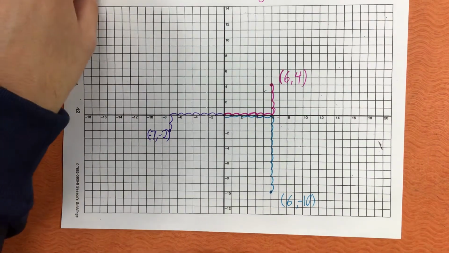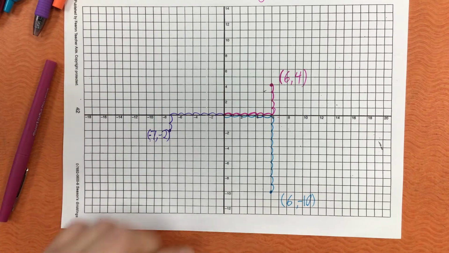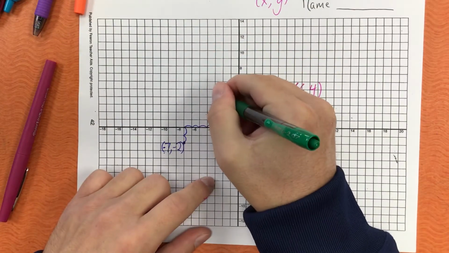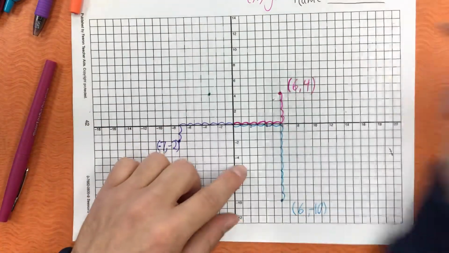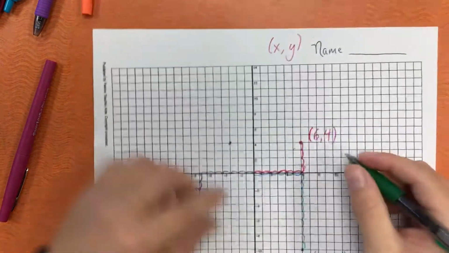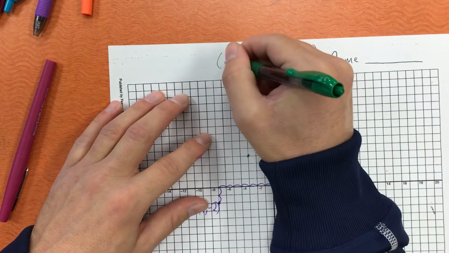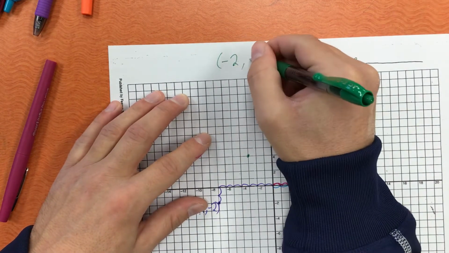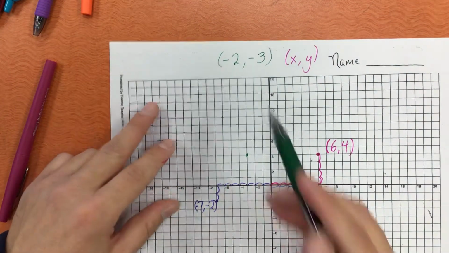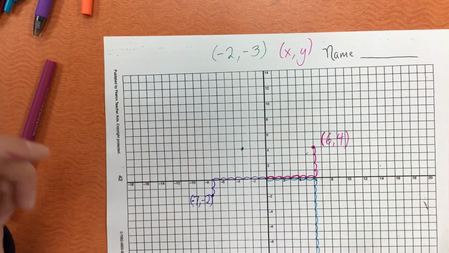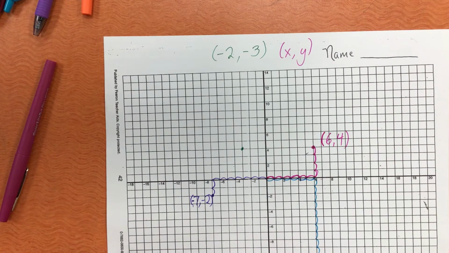So last example here, let's do green. Let's say I have an ordered pair that says negative 2, negative 3, okay? Negative 2, negative 3. So think about that for a second. Which quadrant is that going to be in?